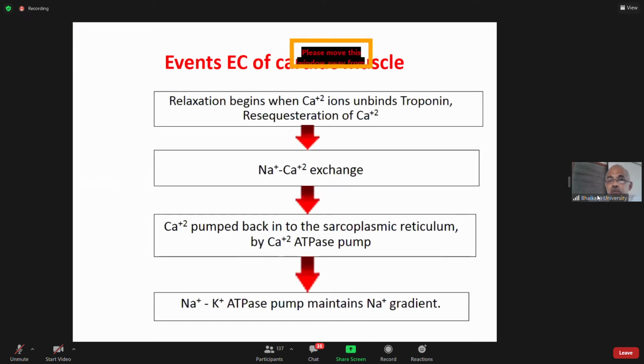During the relaxation phase, there will be unbinding of calcium ions from the troponin, which has to be re-sequestered, and it is taken out by sodium calcium exchange, or it is pumped into the sarcoplasmic reticulum by the calcium ATPase pump. The sodium potassium gradient is maintained by the sodium potassium ATPase, the sodium potassium pump.